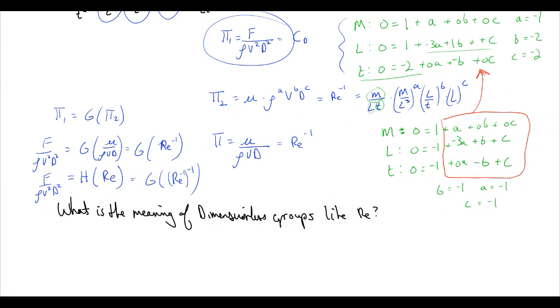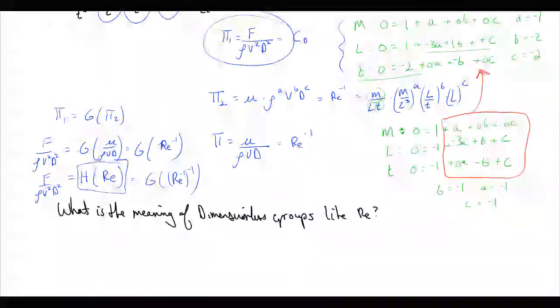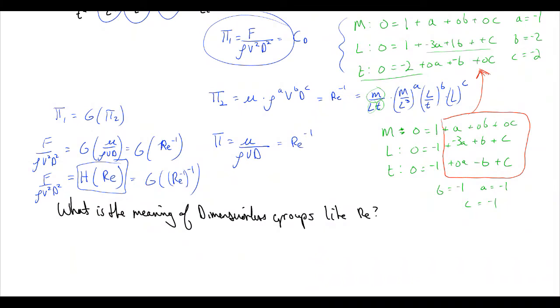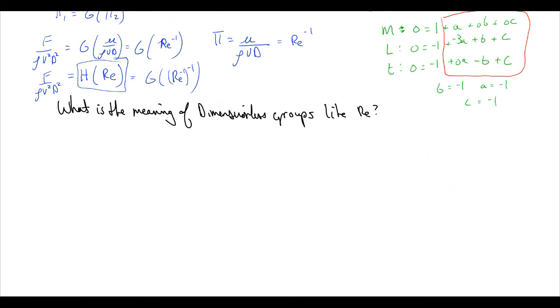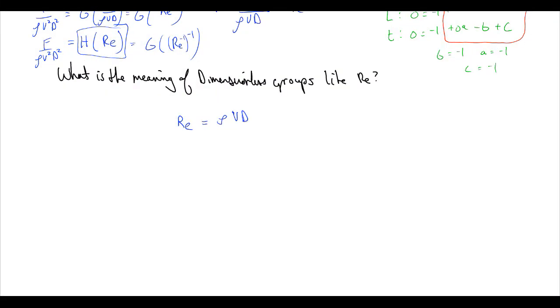Cool. So we're going to finish this lecture with a little bit of a discussion of, I know it's going a little long, but this won't take much longer, what the meaning of dimensionless groups like Reynolds number is. So our Reynolds number is equal to rho v d over mu. We can rewrite that as rho times v over mu over d, right?